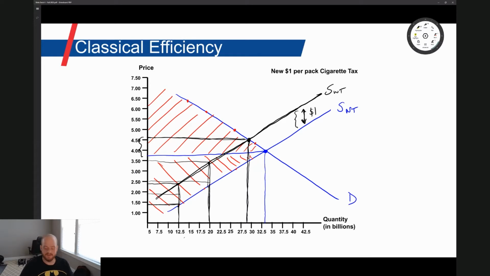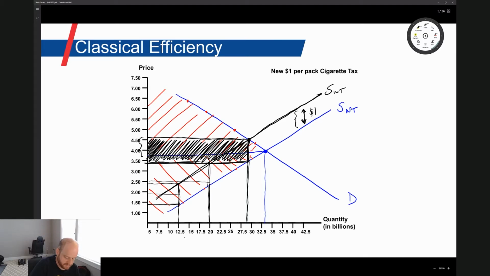Now, what happens is we create this region. This rectangle here represents the amount of revenue that the government is able to generate through the use of this excise tax. So this is an area of government revenue. And actually what ends up happening is we now have a smaller area of consumer surplus.